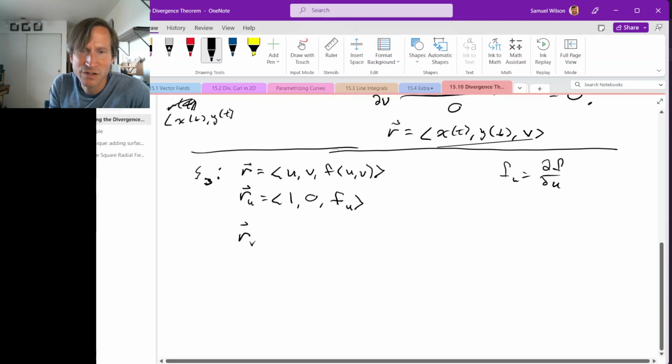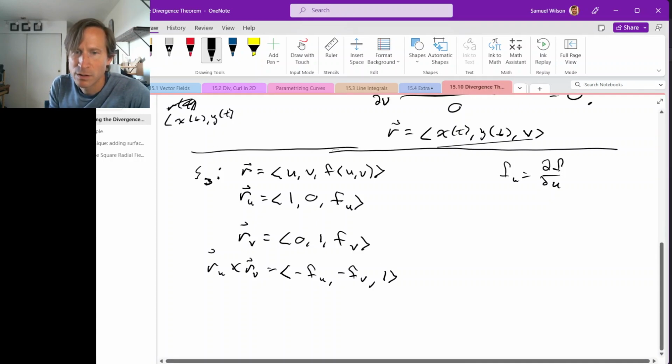For the partial with respect to v, we get (0, 1, f_v). And then for the cross product of r_u and r_v, we get (minus partial f partial u, minus partial f partial v, 1). Okay, now while we're here, let's stop to think about orientation.